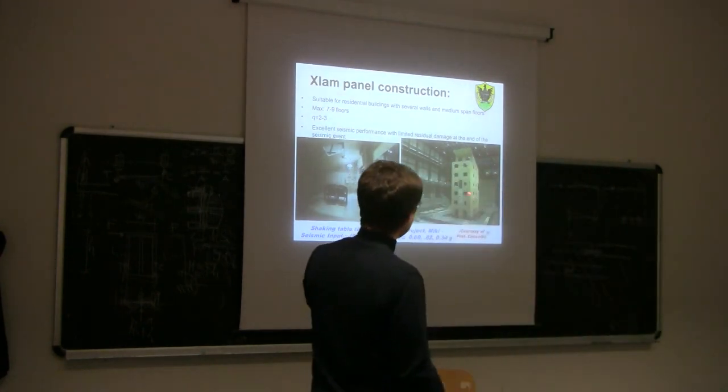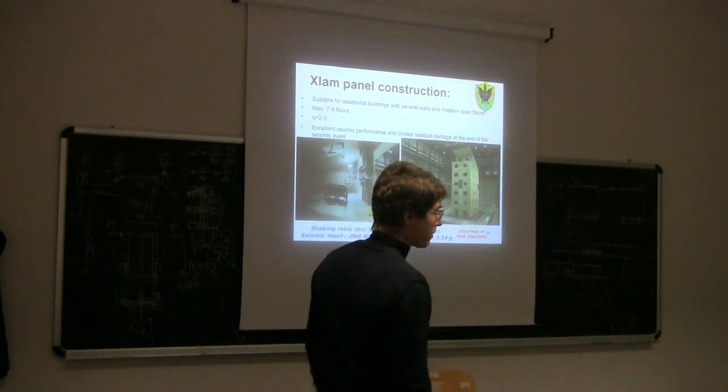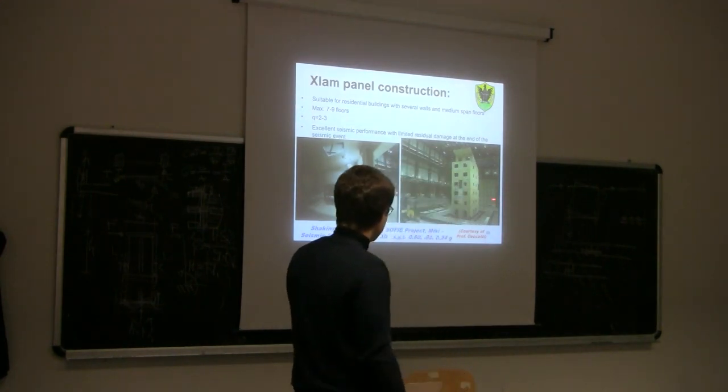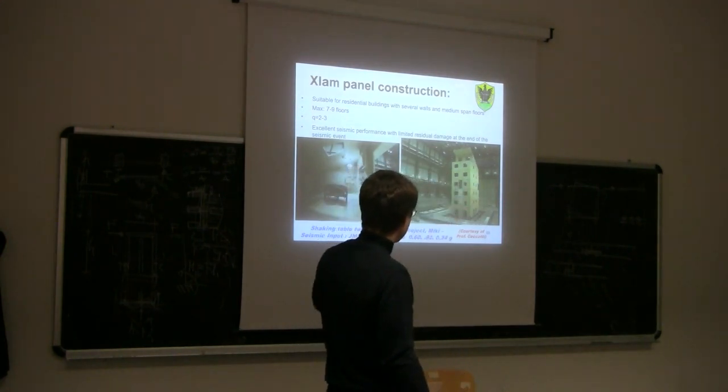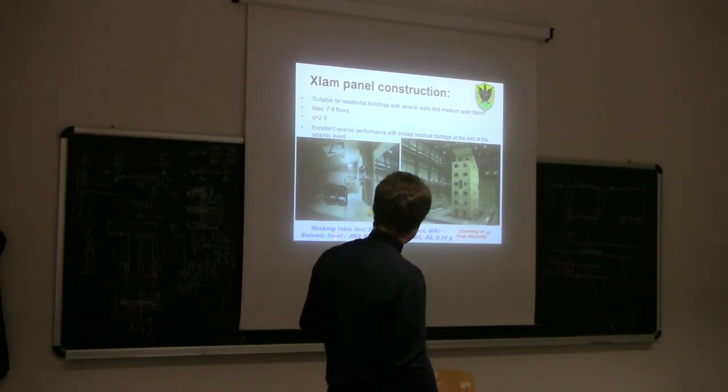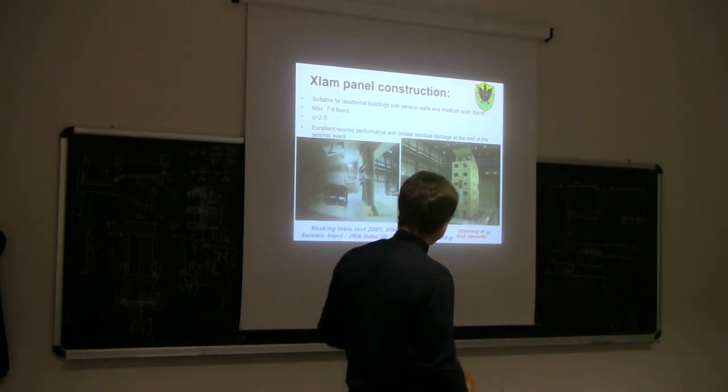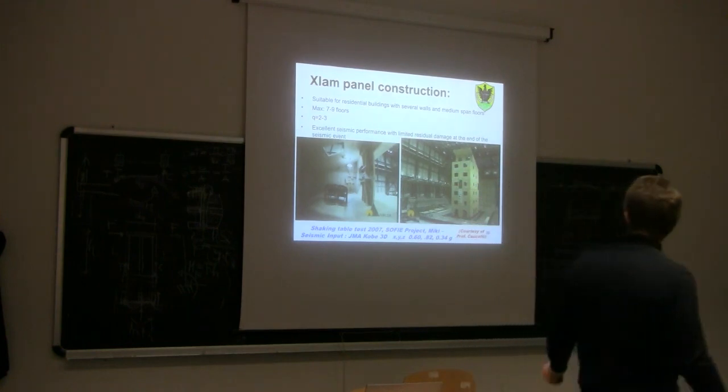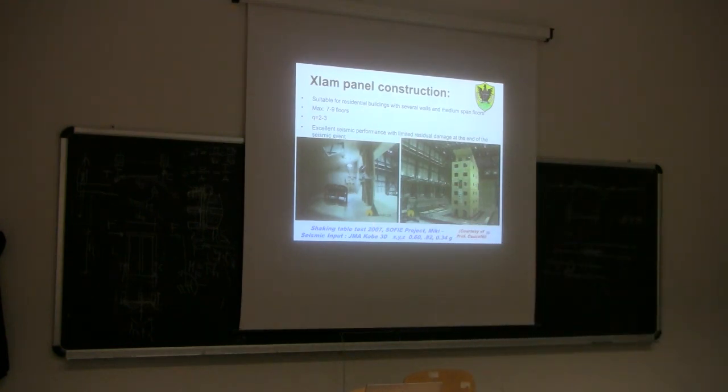So they had the opportunity to do this quite interesting project, this very big building that was built on this shaking table. And this was shaken using this Kobe 3D earthquake. So Kobe was a very strong earthquake that occurred in the past.